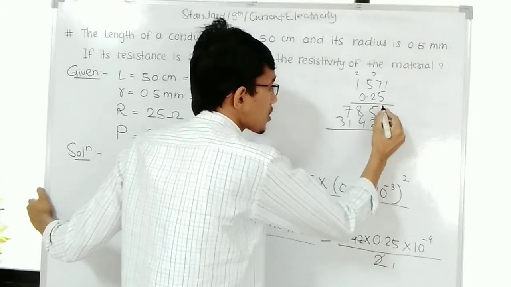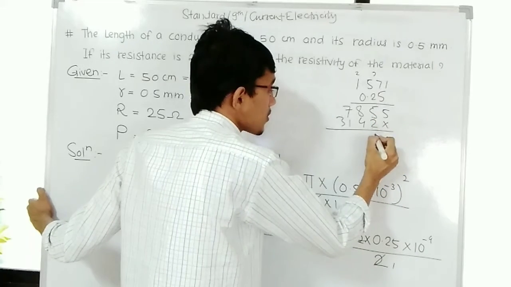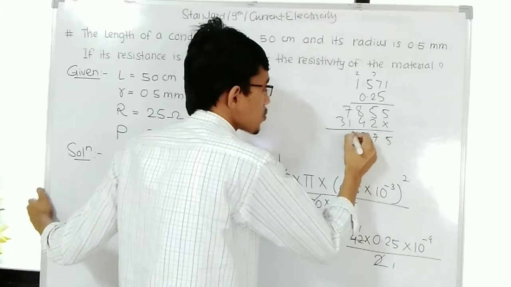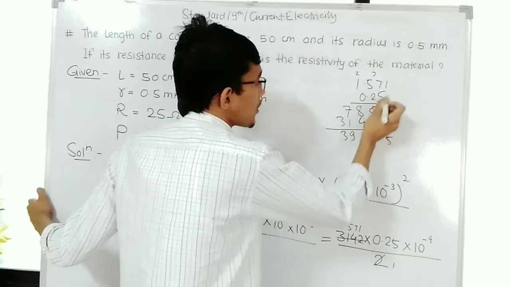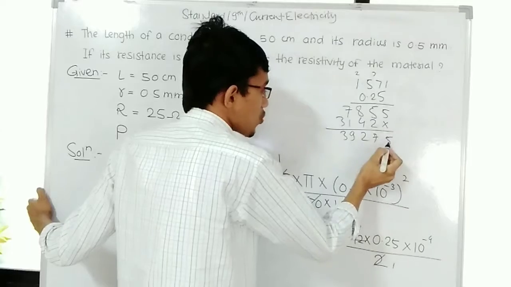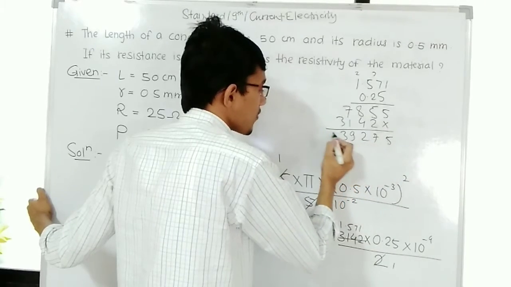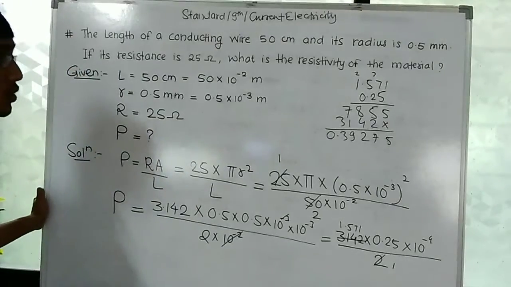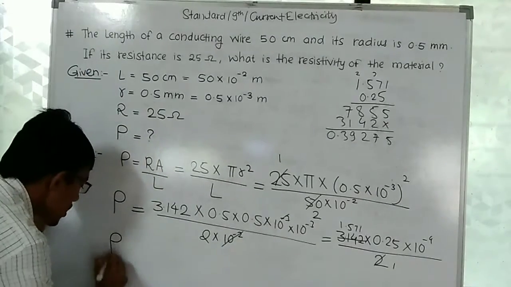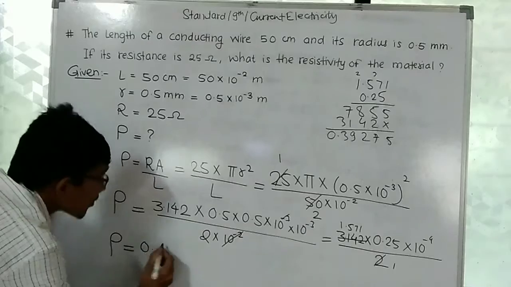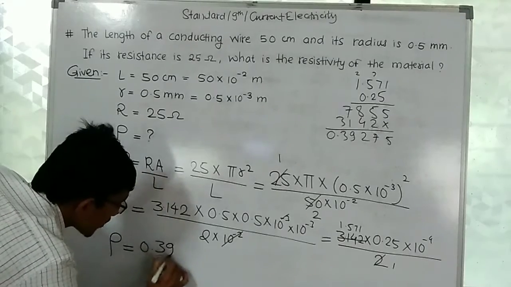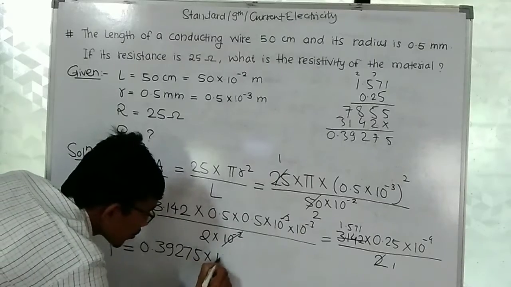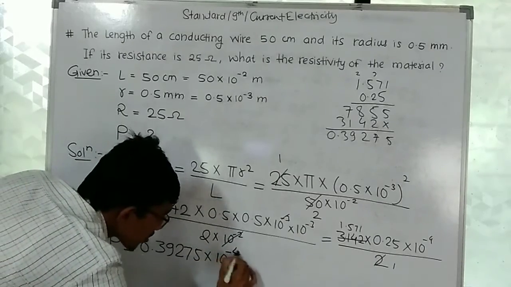So we got 5, 7, 12, 1 carry, that is 8 plus 1, 9, and 3. Point after 5 digits, so 1, 2, 3, 4, 5. So we got the answer 0.39275. So resistivity is 0.39275 into 10 raised to minus 4.